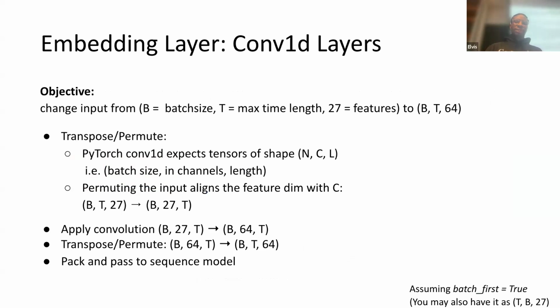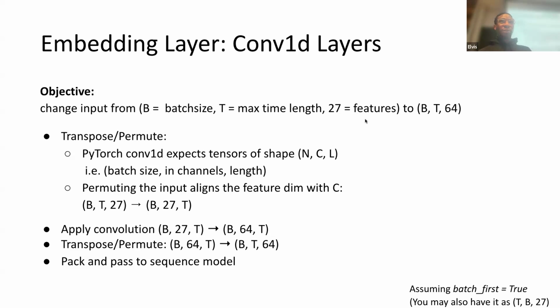One more thing about the 1D convolution that you'll be doing in the embedding layer: take note of the way PyTorch expects input for your 1D convolution. You might have your input starting with batch size, maximum length, and the number of features. But PyTorch expects the batch size N, then the number of channels, and then the length.